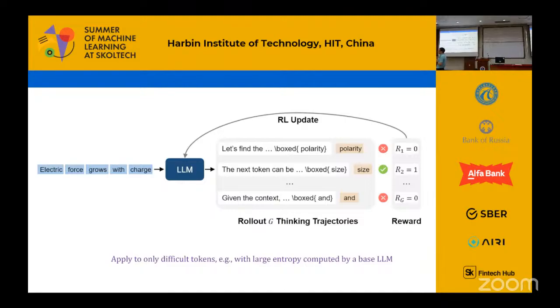Just like system 1 thinking and system 2 thinking. System 1 thinking is like instant feedback: you know the next word and don't need to think about it. But for some very challenging tokens, you need to think. Like in this example, the electronic force grows with charge. This is related to some physics, so we need to learn the rationale behind the next token. So you need to do some reasoning here. But maybe I didn't get the answer.